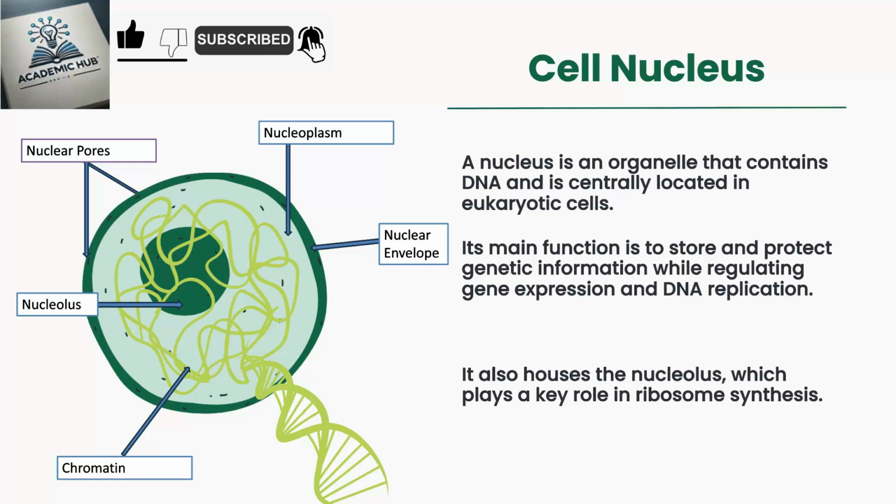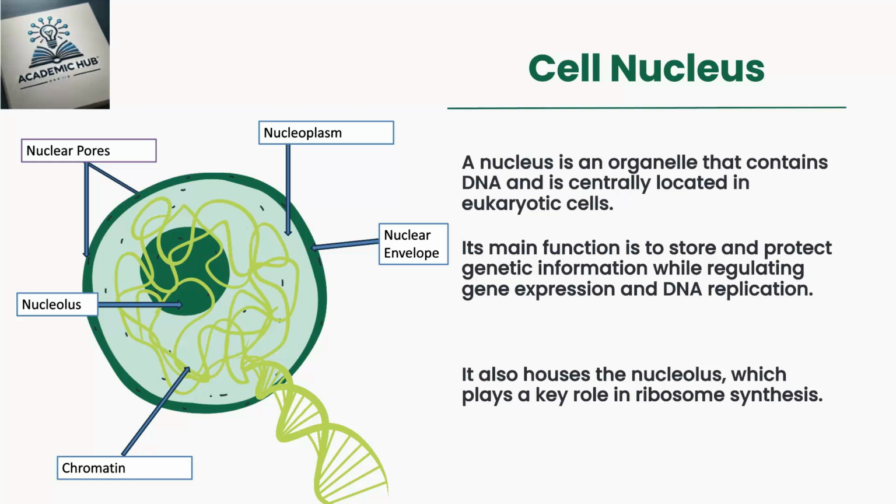DNA replication means preparing for cell division. Before a cell divides, its DNA must be copied so that both daughter cells receive identical genetic information. The nucleus oversees DNA replication, ensuring accuracy and preventing mutation.